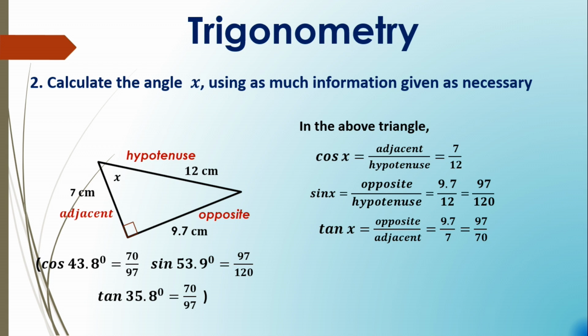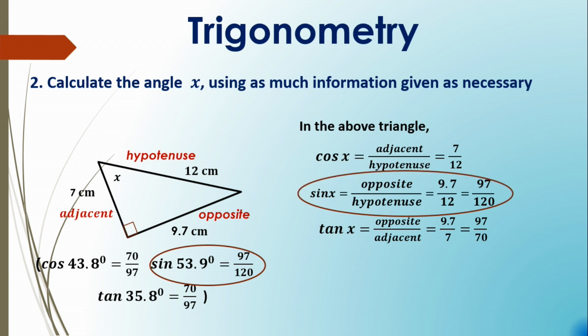When comparing these two values, we will notice that sine of 53.9 degrees equal to 97 over 120, and here sine of x equal to 97 over 120. So we conclude that angle x equal to 53.9 degrees.